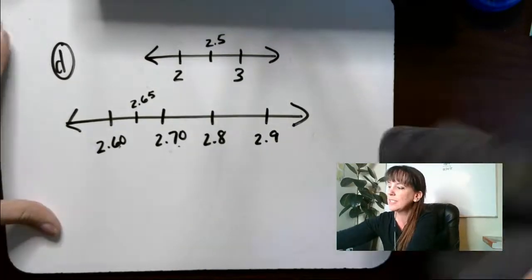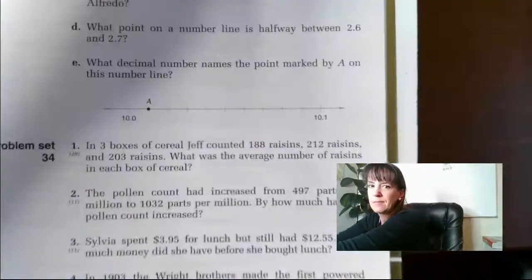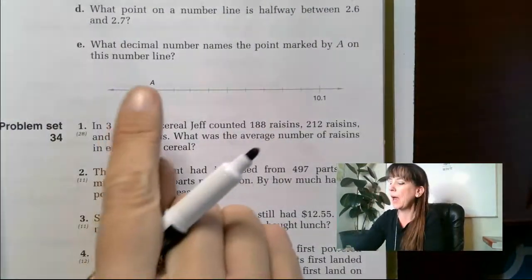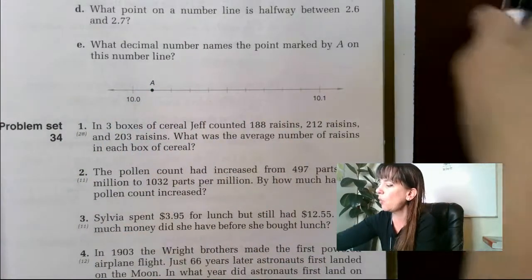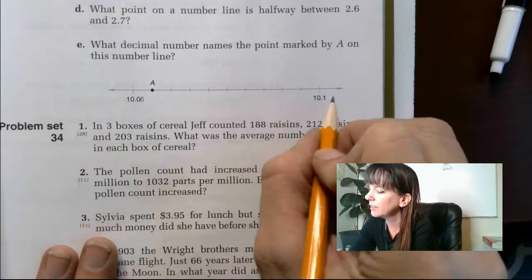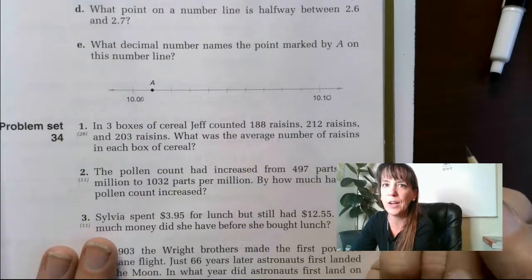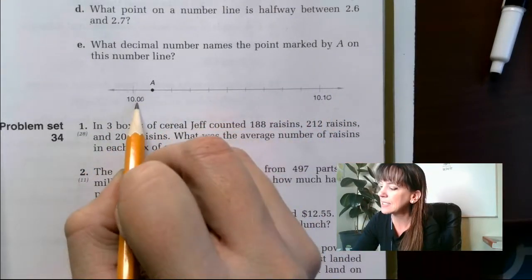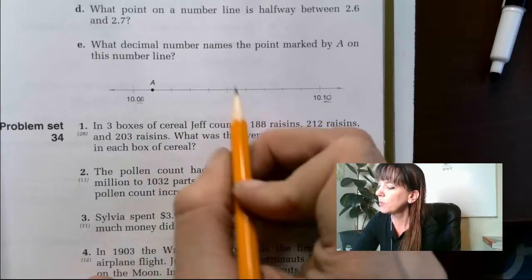E, what decimal names the point that is marked here? So for E, let me move that guy back up. There we go. So let's take a look at this guy for number E. So 10 to 10.1. Let's throw an extra 0 on these. Like if we put a 0 here and a 0 here, right? We know that halfway between 0 and 10 would be 5.